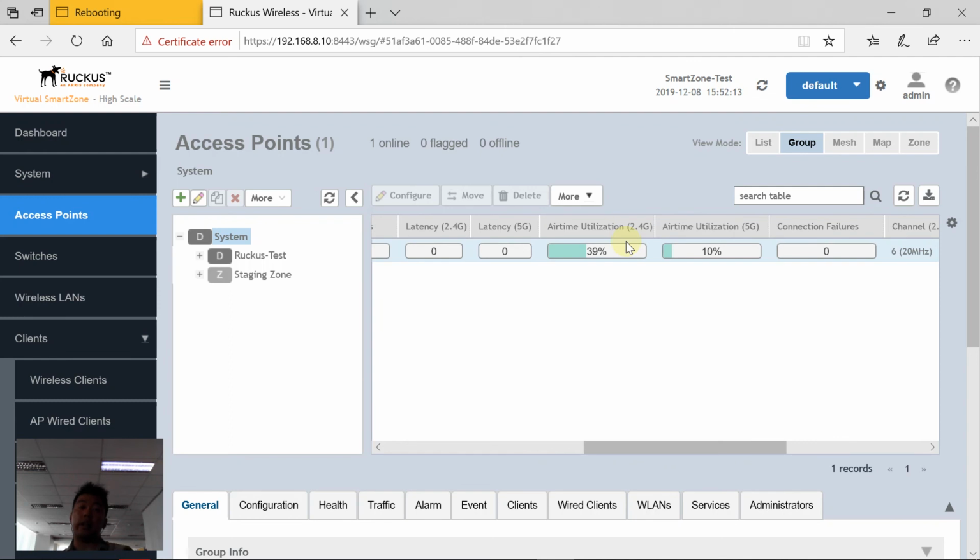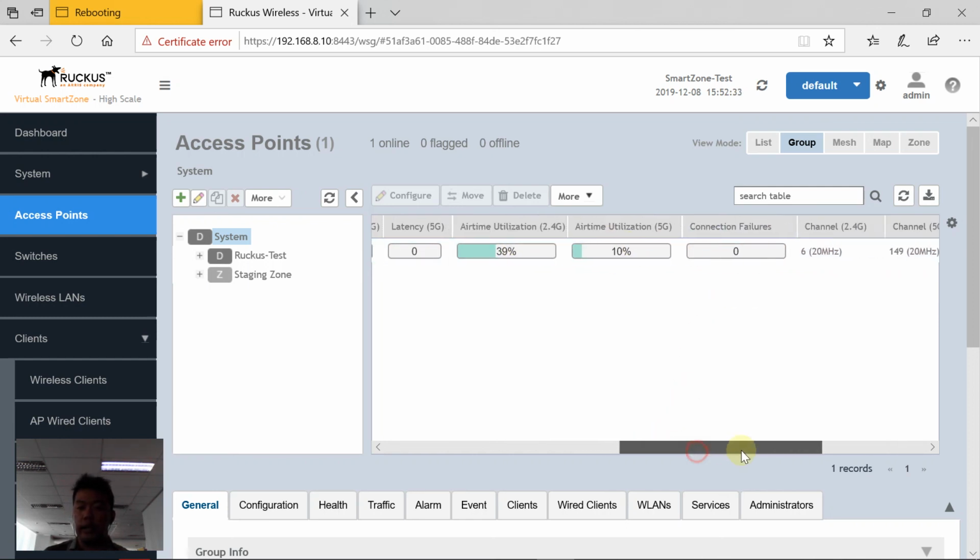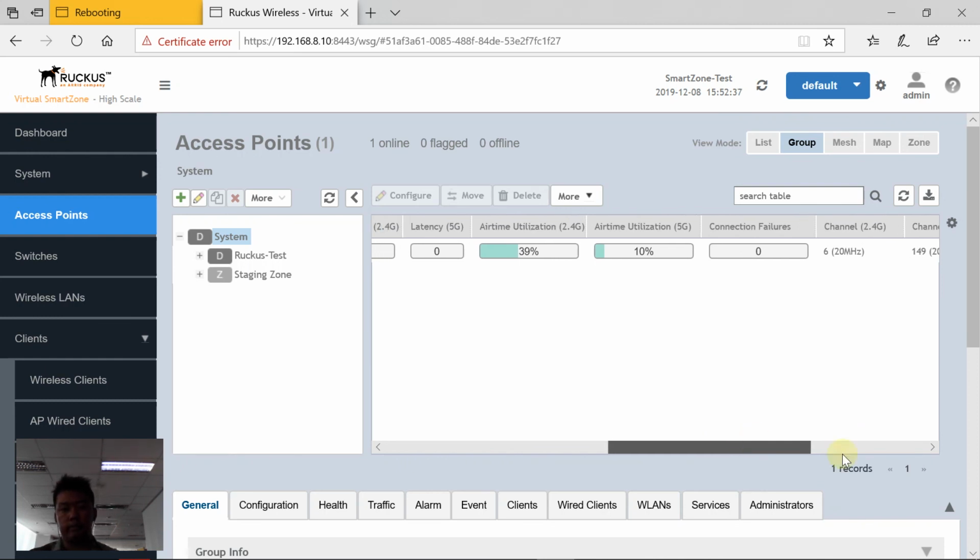Okay, the airtime utilization for 2.4 gigahertz is quite big, around 39%, because in this area there are around 5 access points. So this area is crowded.